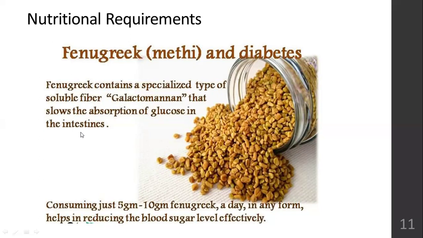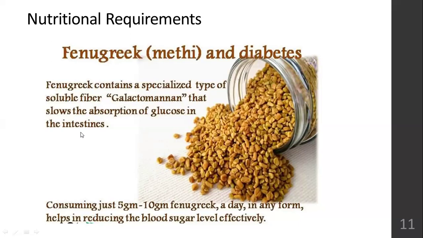They contain a specialized type of soluble fiber called galactomannan that slows the absorption of glucose in the intestine. So consuming just 5 to 10 grams of fenugreek on a daily basis on an empty stomach can reduce your blood sugar level effectively. So fenugreek is really good for diabetes.